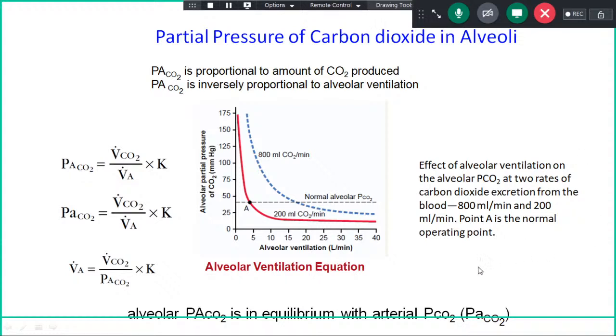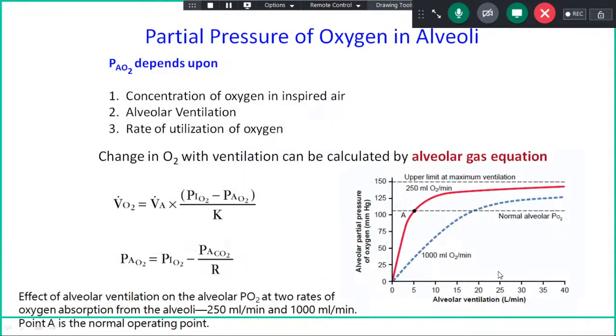So this is just a diagram showing the relation between carbon dioxide partial pressure in the alveoli with the alveolar ventilation and amount of CO2 produced. What happens with the changes in the PO2, that is, how the alveolar partial pressure of oxygen will change with the change in the alveolar ventilation.